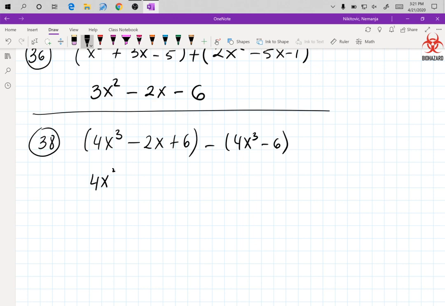So 4x cubed minus 2x plus 6, and then minus 4x cubed, and then plus 6. Because this negative sign distributes to both of these, changing both of their signs. So positive 4 turned into negative 4, and negative 6 turned into positive 6. So now if you see, these two are the same, so they would cancel. And we are left with negative 2x plus 12. You just have to be a little bit careful.